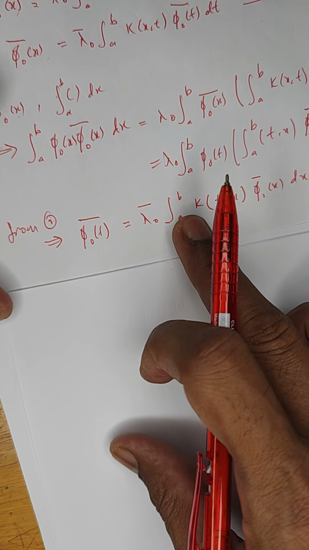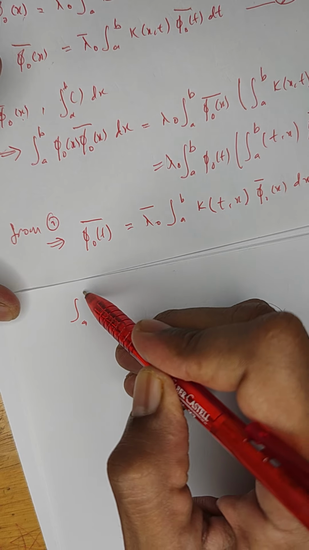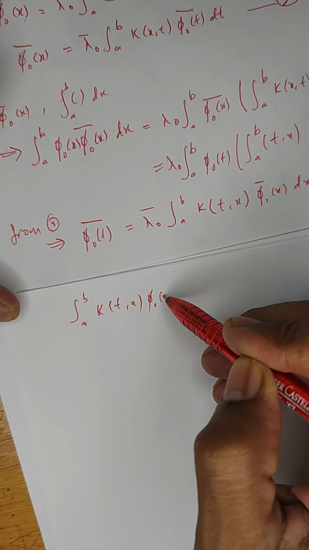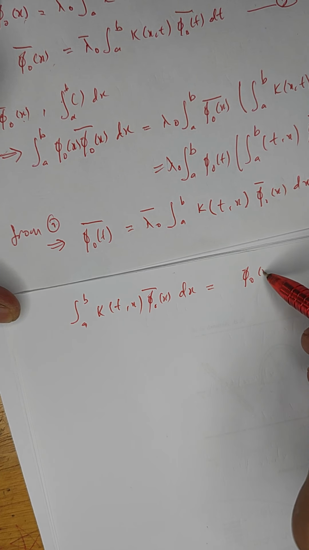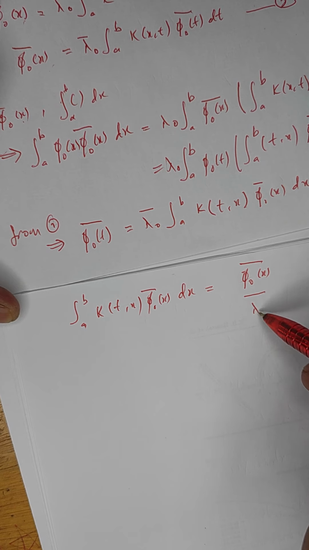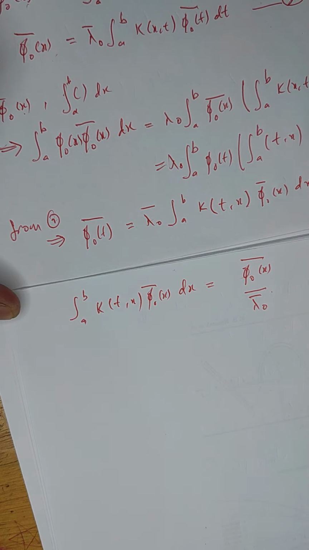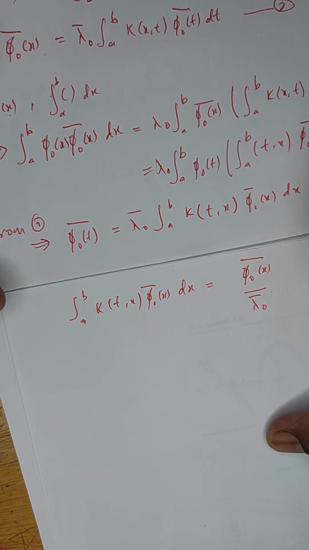And therefore, from this part here, we have integrate a to b k(t,x) phi naught x bar dx. This is equal to phi naught x over lambda naught bar. And then we substitute into that equation.